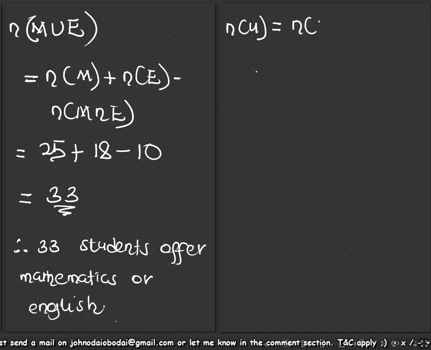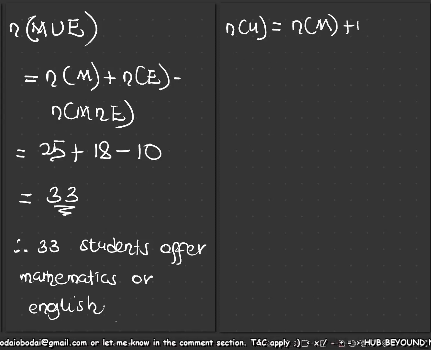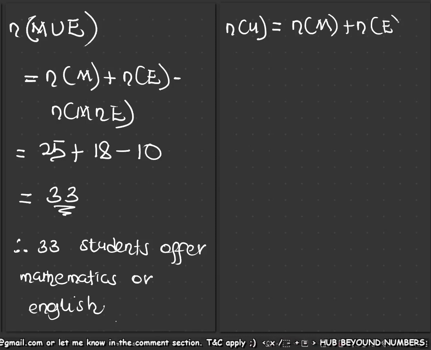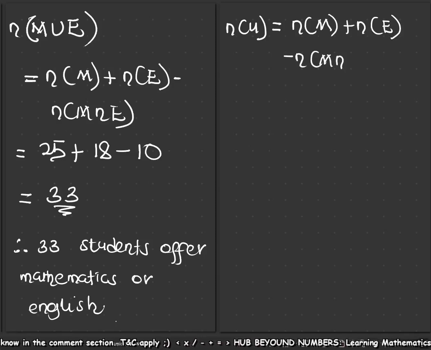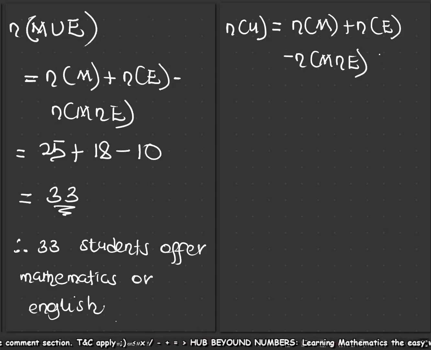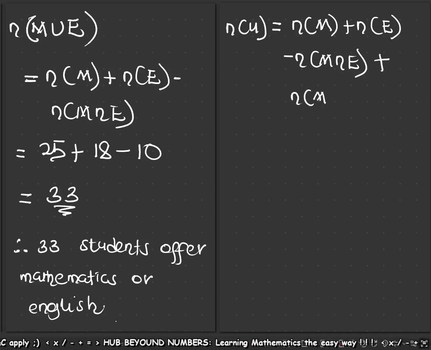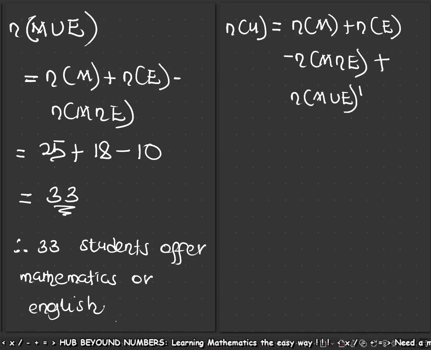Since this set is math and English, so mathematics plus the number of elements you have in English, then minus their intersection, so mathematics and English, and then plus the complement, that is mathematics union English prime.